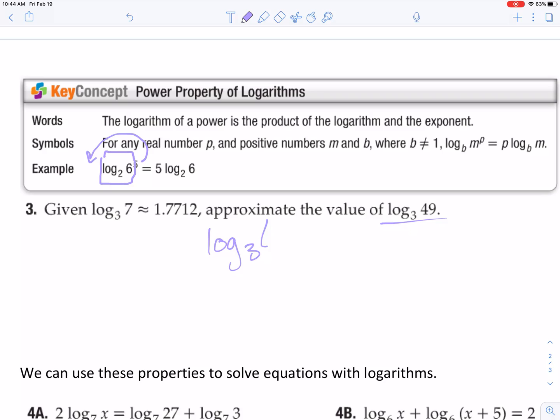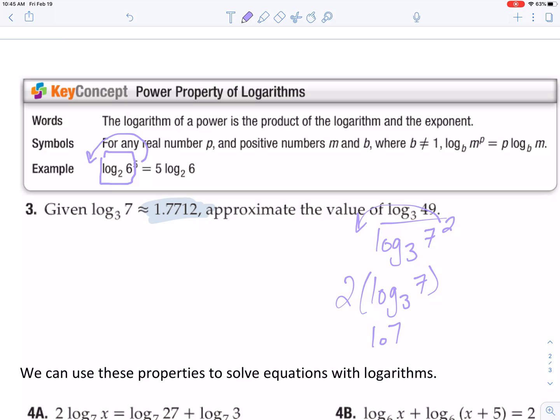But the other thing you can do, let me back up here, is turn this into log base 3 of 7 squared. And then what that allows me to do is I can just pull the 2 out. 2 times the log base 3 of 7. Oh, wait a minute. I know what log base 3 of 7 is. They told me right there.